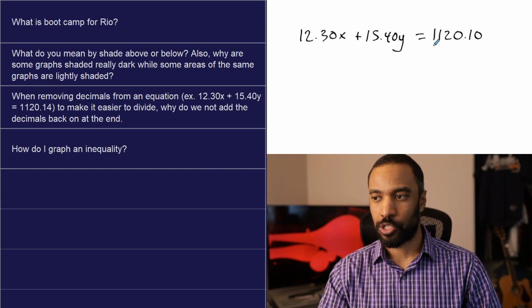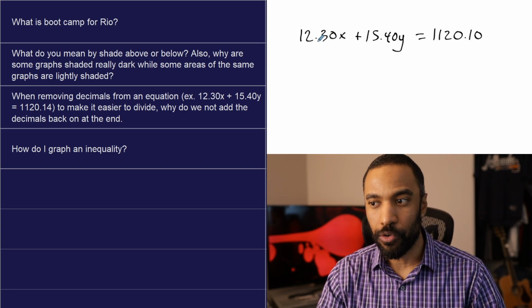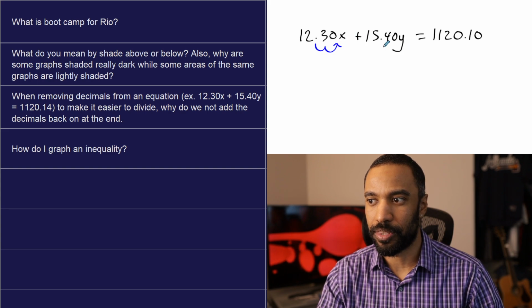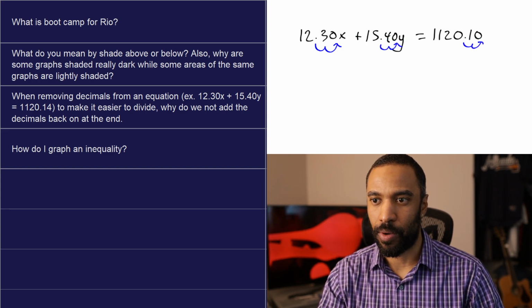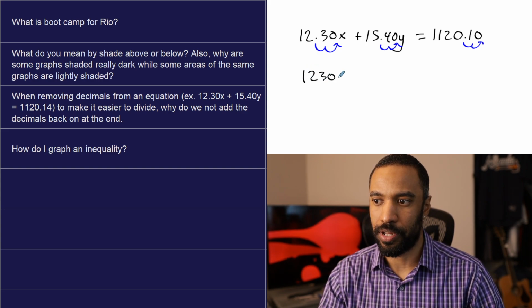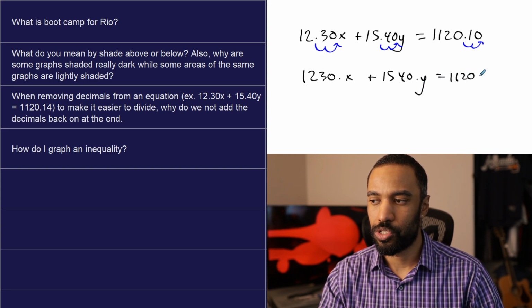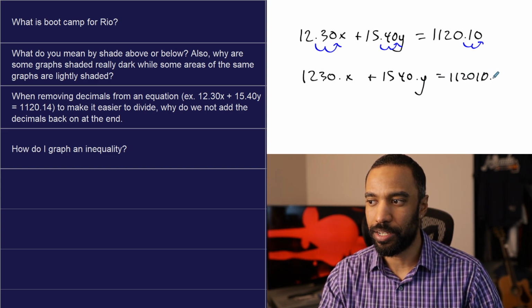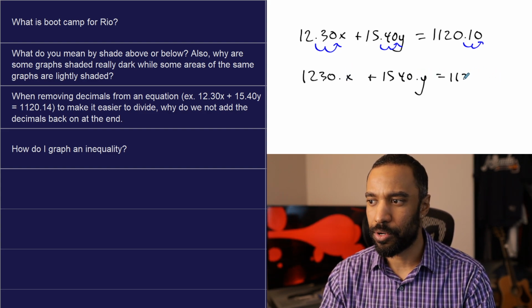I don't know if it gives you good x and y answers or whatever. Now you're stating, all right, we do a decimal shift, or we remove the decimals. We put these here. Were you asking why I don't just write the decimal right there, where I write 1230x plus 1540y equals 11201?